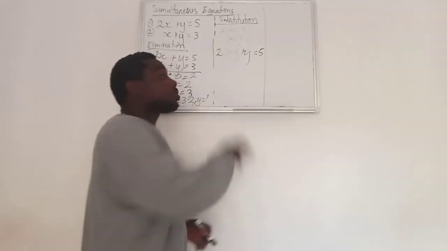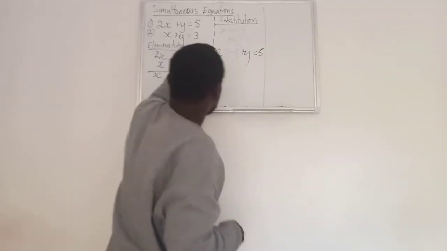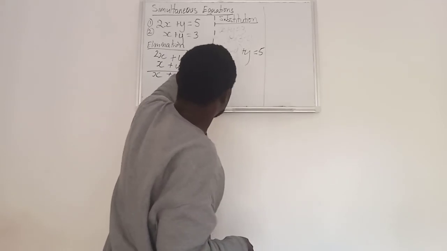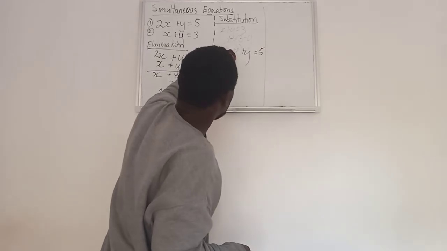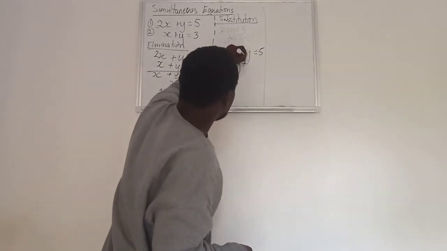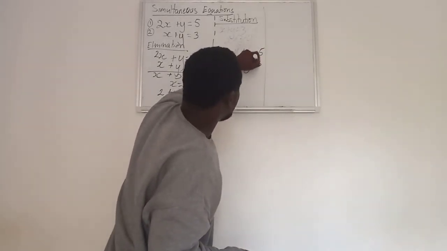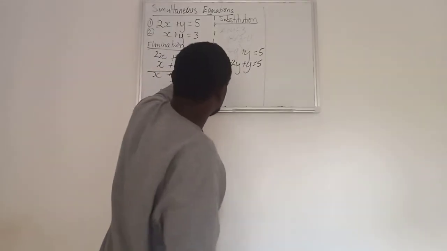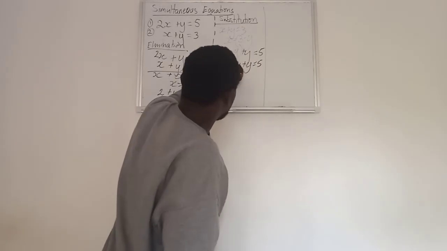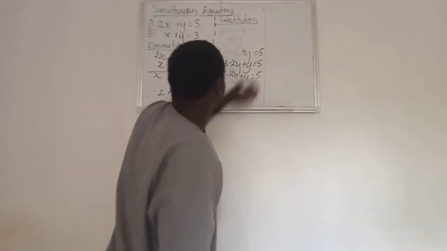Now we must expand this bracket, and so we end up with 2 times 3 minus 2y plus y equals 5, which of course works out to 6 minus 2y plus y equals 5.